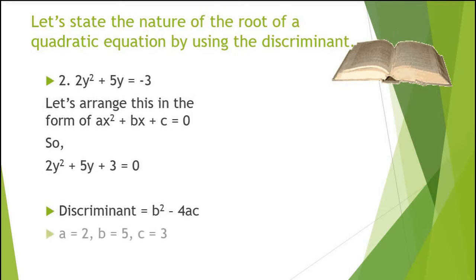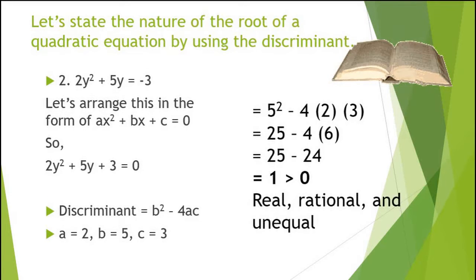So, a is 2, b is 5, and c is 3. 5 squared minus 4 times 2 times 3, so that would be 25 minus 4 times 6. 25 minus 24, so the answer is 1, which is greater than 0. So the nature of the roots is real, rational, and unequal.